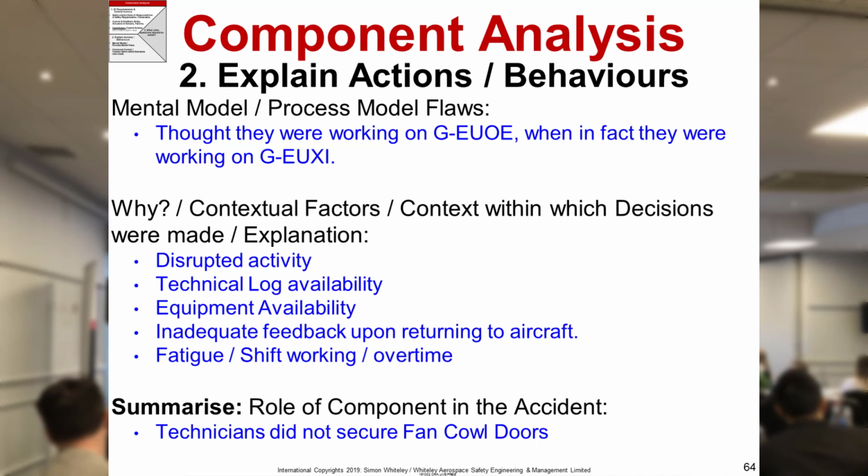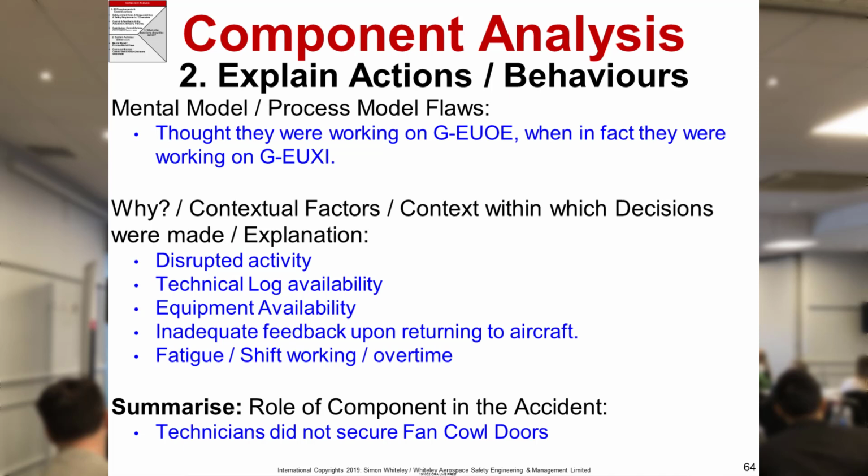They had to move around the airfield, pick up tools and equipment. It was night time. It was quite a disrupted activity. The technical log availability, so the thing that tells the maintainers about the state of the aircraft, was not actually on board the aircraft. For this particular aircraft, on a weekly check, they take the log off the aircraft and put it in the maintenance office away from where they are, so they had no frame of reference.